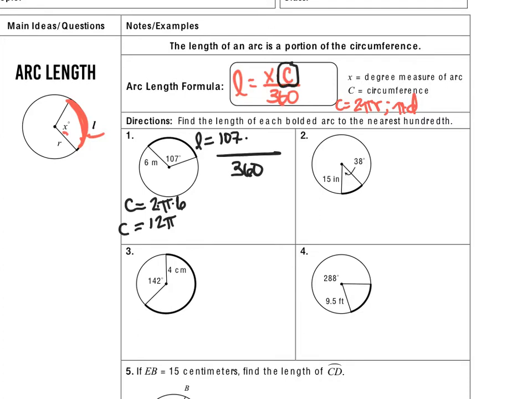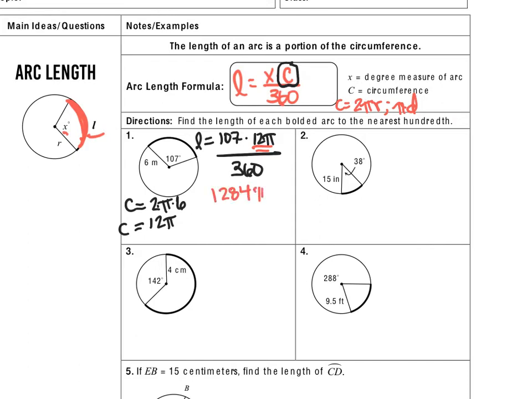So that will get placed in the formula for C. And so what happens is I have 107 times 12 pi over 360, keeping in mind that 12 pi is the circumference. When I multiply this out, I will use a calculator or a calculator on my phone. I'm simply going to do 107 times 12. 107 times 12 is 1284.